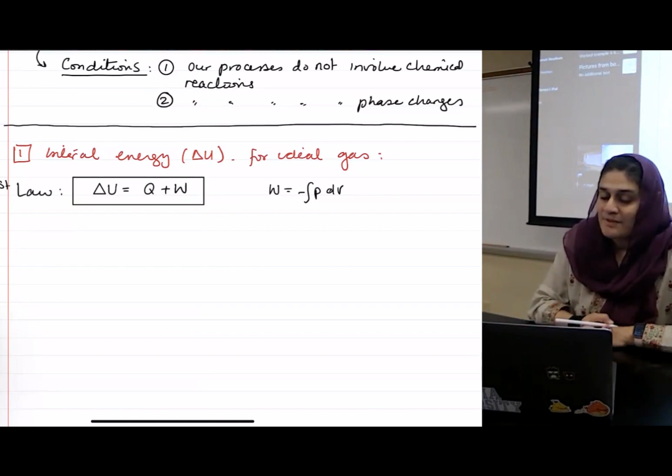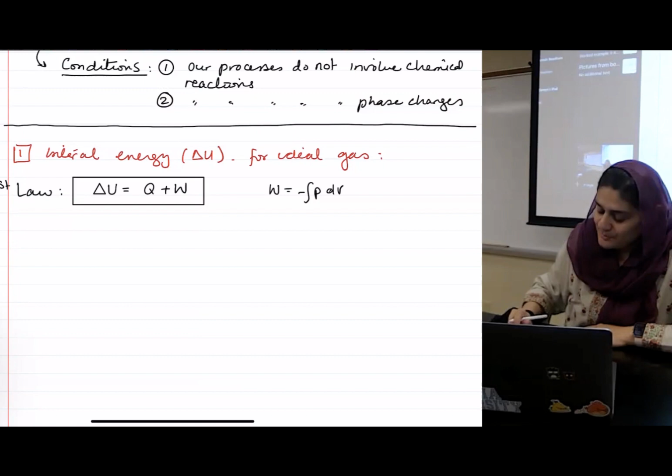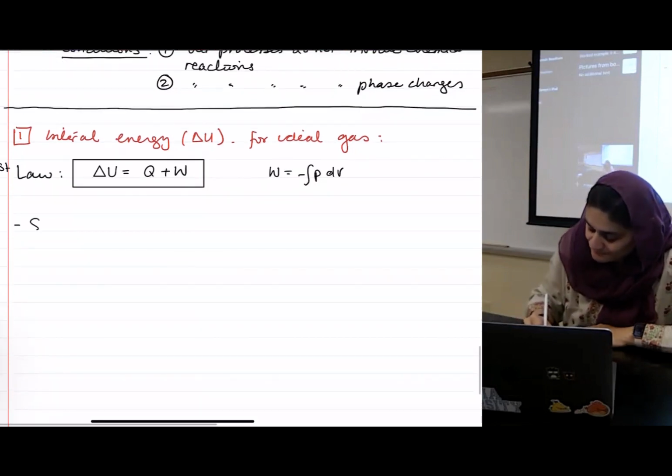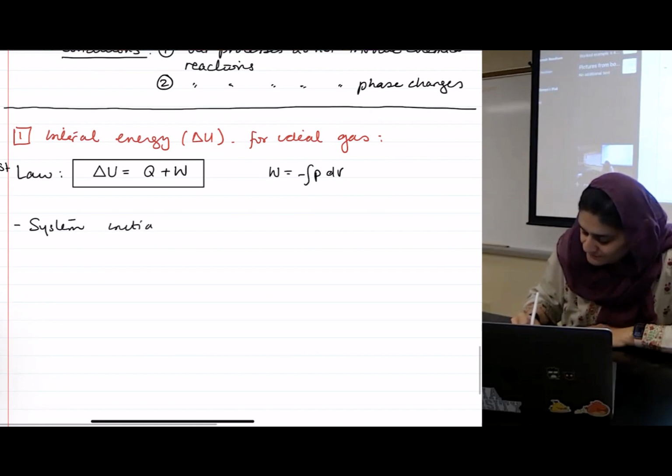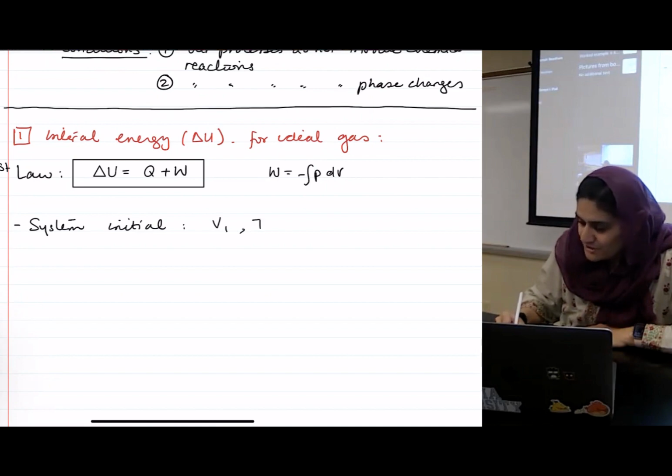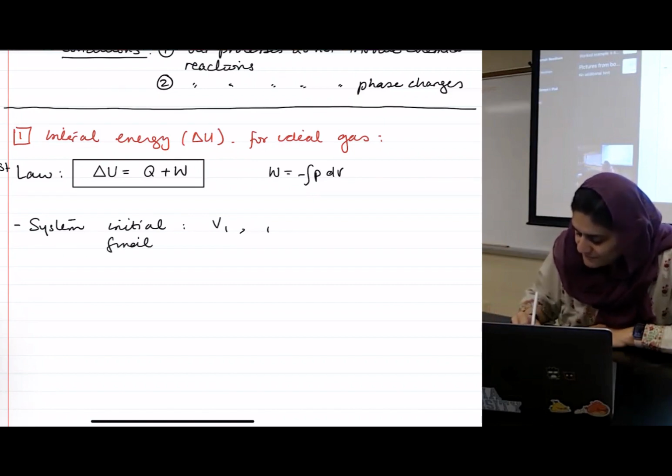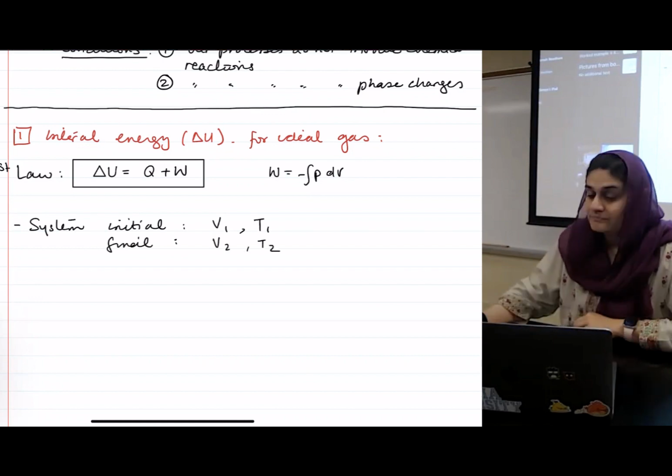Okay, now I have to come up with some assumptions. Okay, suppose I have a system. Initial volume V1, initial temperature T1, and some final state V2 and T2.